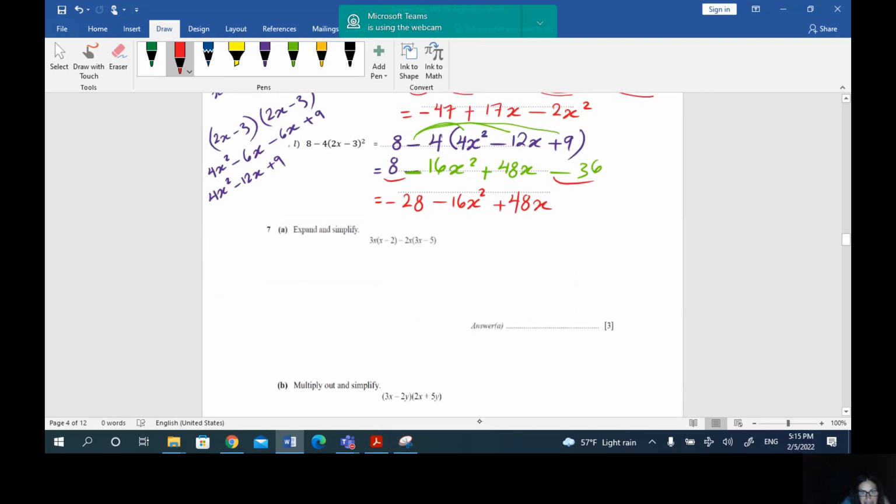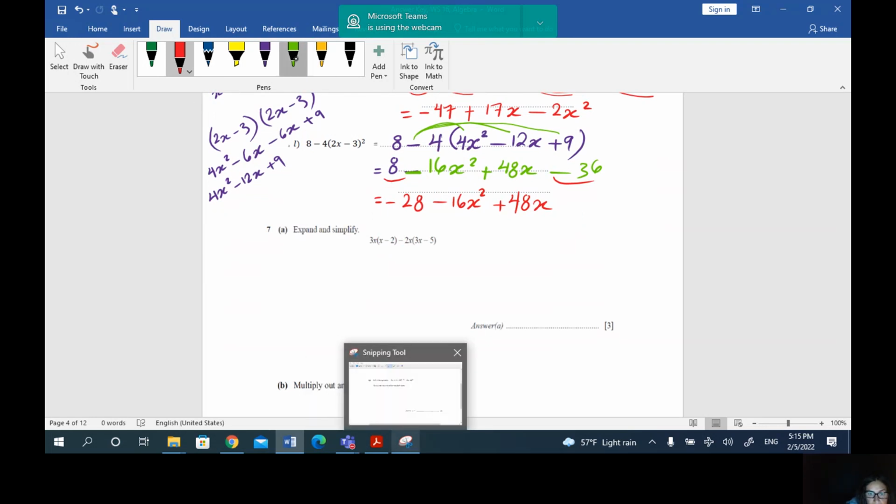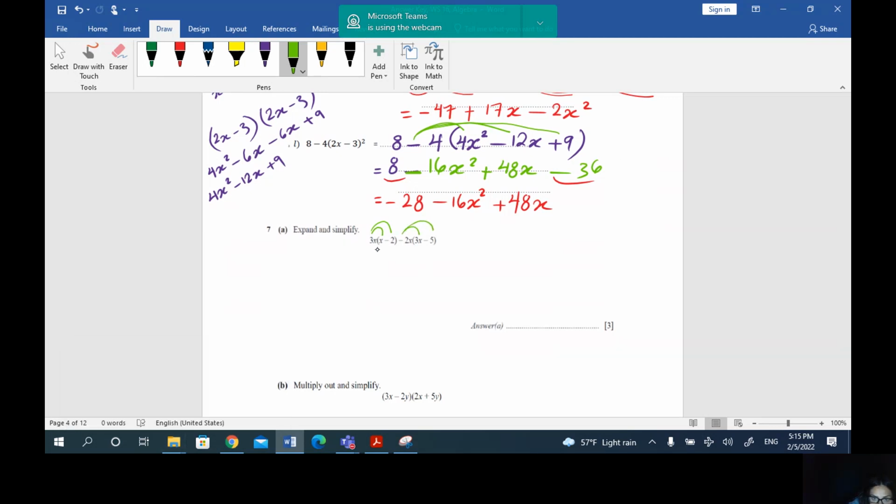Okay, again, expand and simplify. So here, you are going to say 3x times x, 3x times negative 2, and then minus 2x times 3x, minus 2 times minus 5. Okay, 3x times x, it will be 3x squared. 3x times negative 2, negative 6x.